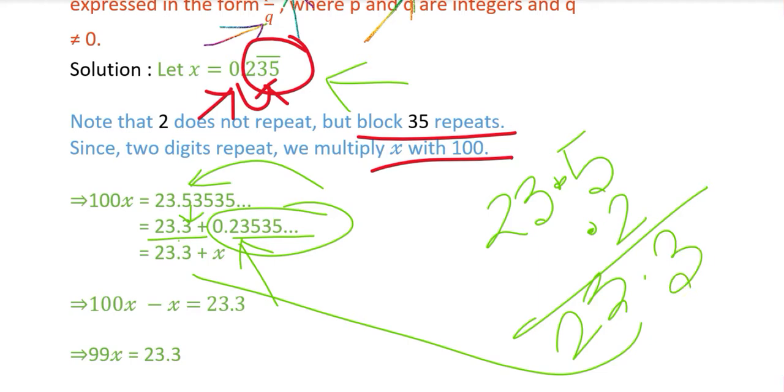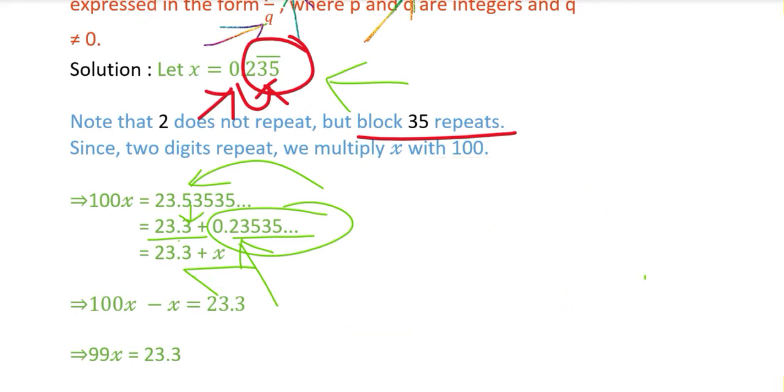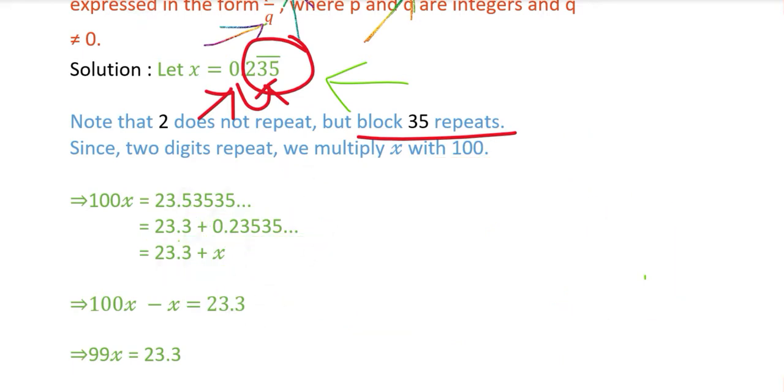So this 23.3 you write here. Alright, so again it's too dirty, clean it. So what you see is, we write here 23.3 and we write here 0.23535 and so on. Now this part is x, we just replace it with x, and then we take this x to the left hand side. We get 100x minus x, which is equal to 99x, and this part here is 23.3.